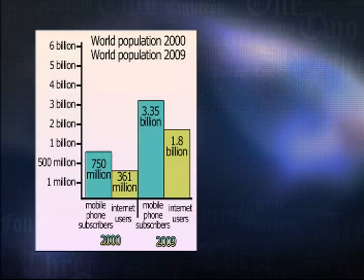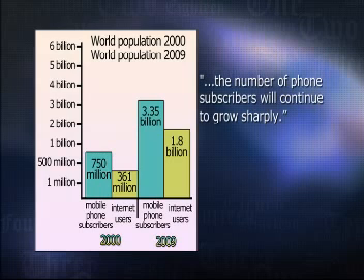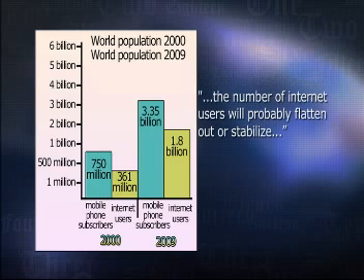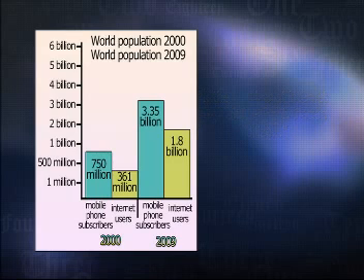Based on this information, it seems likely that the number of mobile phone subscribers will continue to grow sharply, while the number of internet users will probably flatten out or stabilize when every household has internet access. A trend on a graph means the behavior we anticipate if we observe more of the same data.